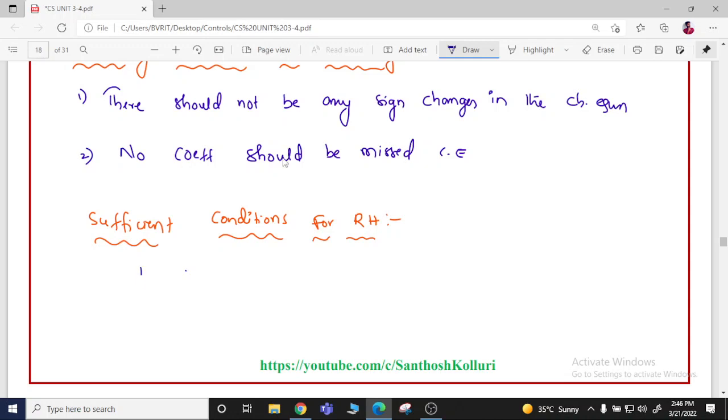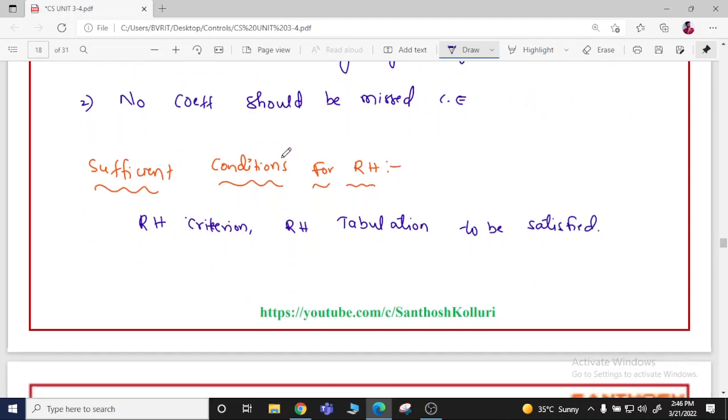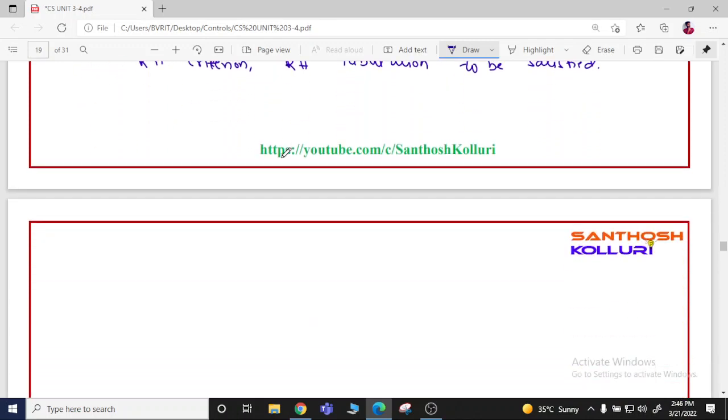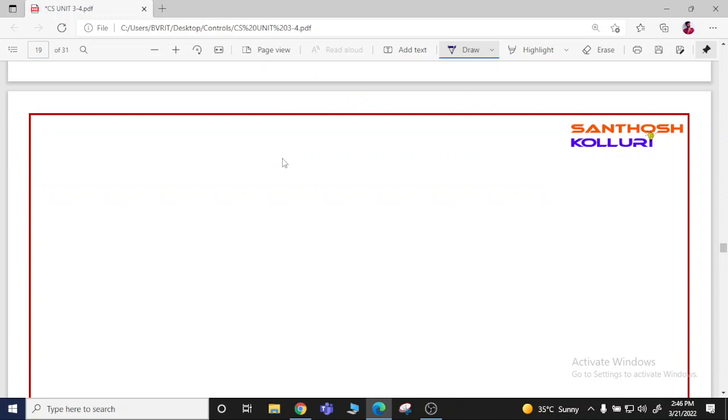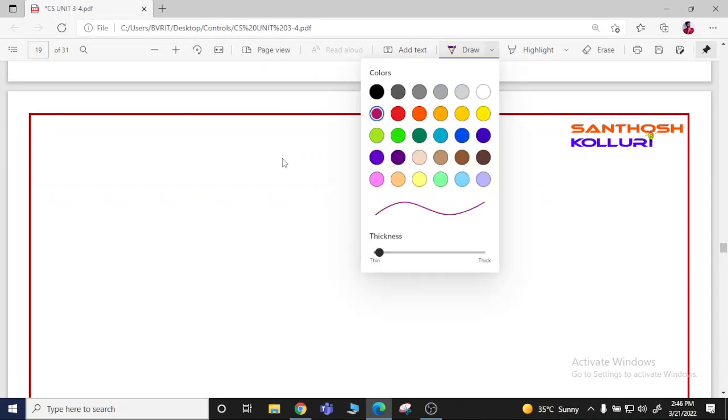For RH criteria, the RH table must be satisfied. So we will form the Routh-Hurwitz tabulation for this Routh-Hurwitz criteria stability. So this is a sufficient condition for that. And here the Routh-Hurwitz tabulation will be like this.